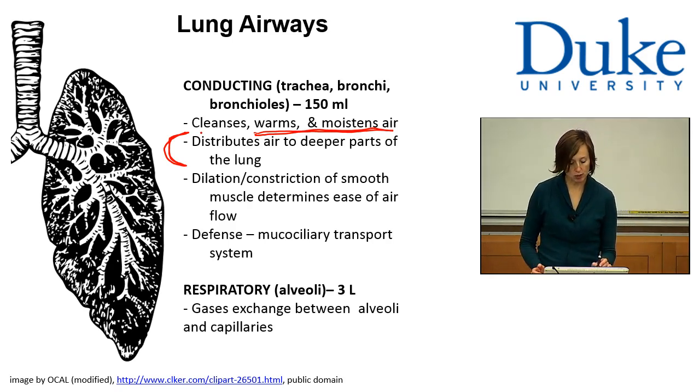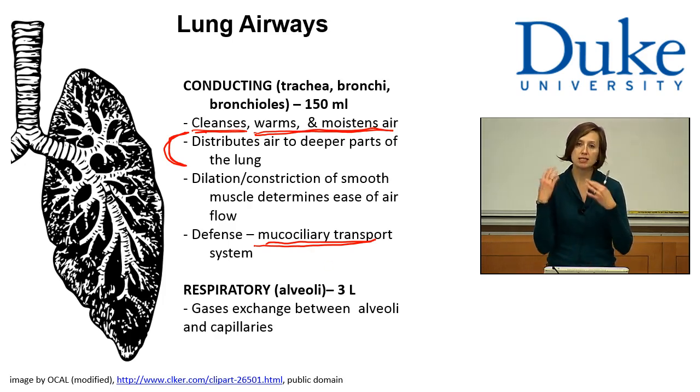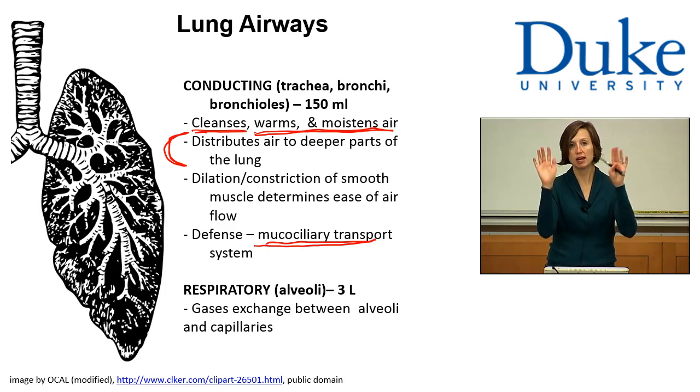And so the conducting portion is going to cleanse the air using what's called mucociliary transport, which is when some cells lining the conducting portion, the trachea and the bronchi, are going to be producing the mucus, and then that will trap debris, and then there will be other cells that have cilia that then take that mucus that contains the debris and beat it up towards the entryway of the respiratory system.